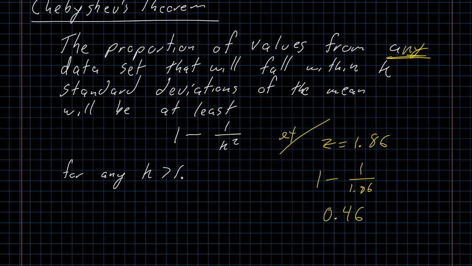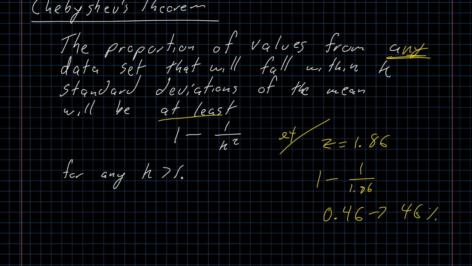So if the distribution of scores in the class is not normally distributed, if it is not symmetric, that means that I can still be sure that at least 0.46 or 46% of scores are closer to the mean than my score, right?